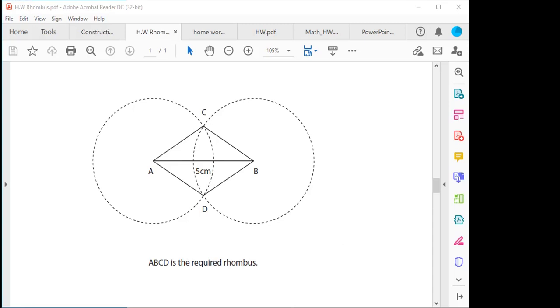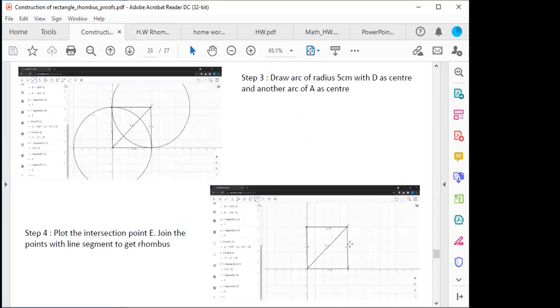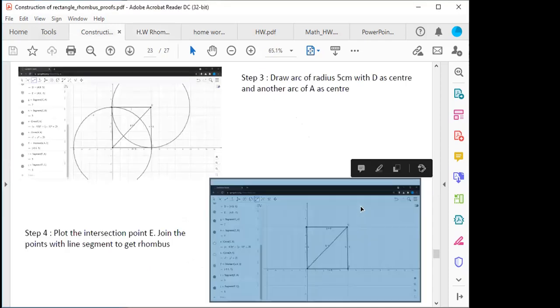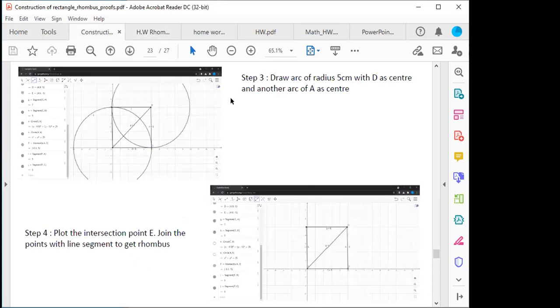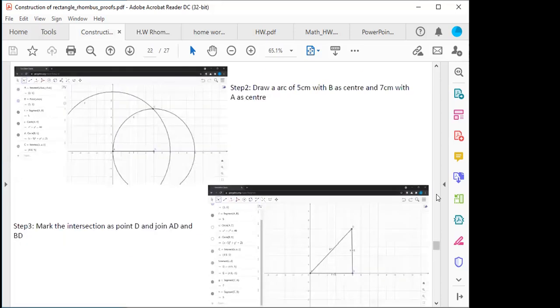Okay, so here is one rhombus that you see, and here is another rhombus. Between the two rhombuses, which one is easier? Or maybe I should give you another one. Hang on.